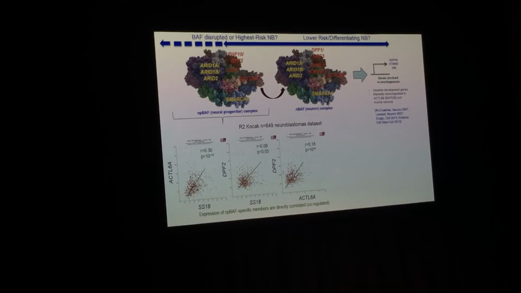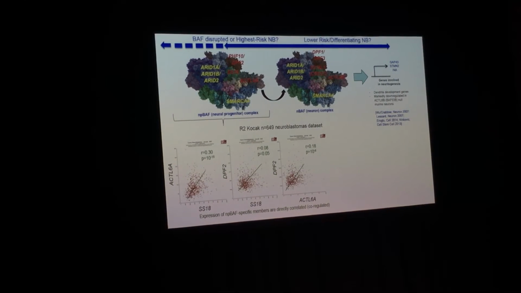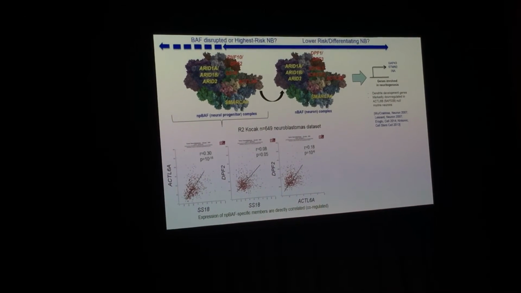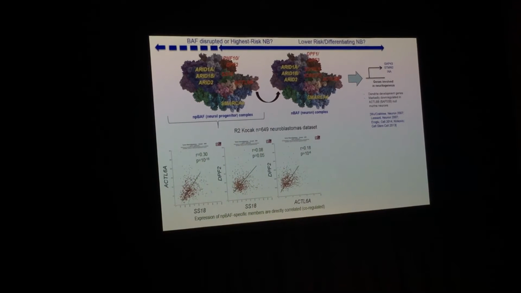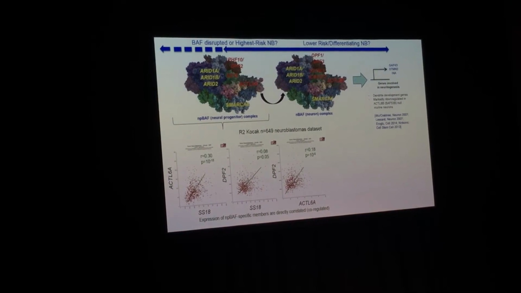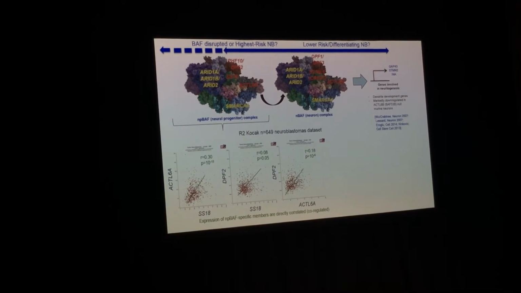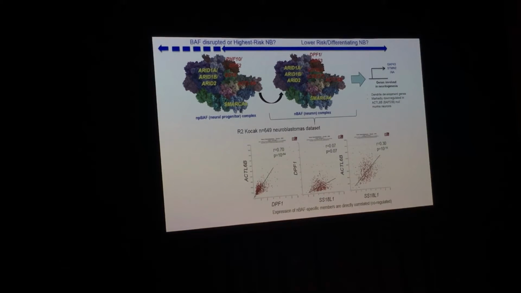Looking at the data sets available through R2, the COSAC 649 neuroblastoma data set, we asked whether it looked like there was co-regulation of these three members in the neural progenitor BAF complex, and it does clearly show evidence that these are co-regulated, directly correlated with each other.